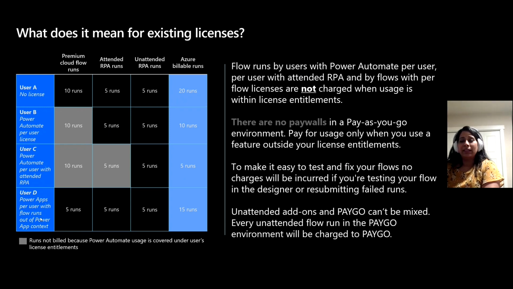The fourth customer is a Power Apps per user customer. So when you purchase a Power Apps license, limited capabilities of Power Automate are included in that license.